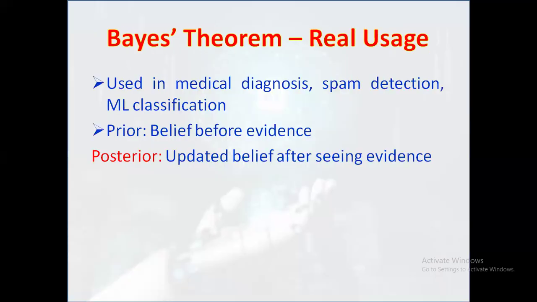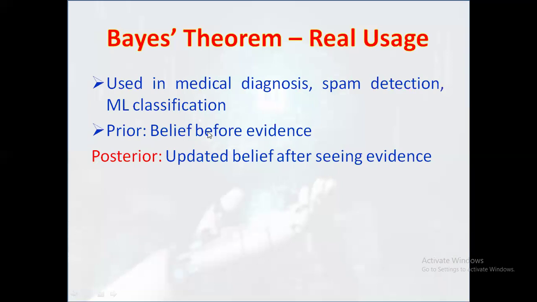Next, how Bayes theorem is used in real world problems, real usage. In practice, Bayes theorem is used in various domains like medical diagnostics, where it helps determine the likelihood of disease given a test result, and spam filters, where it evaluates whether an email is spam based on its content.